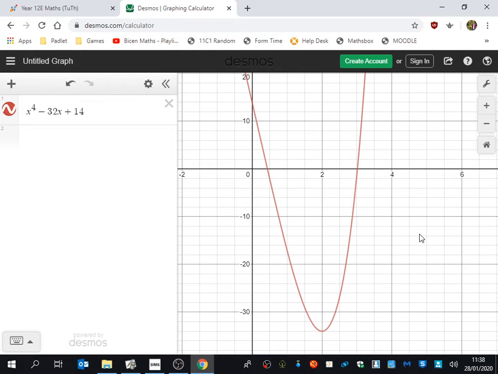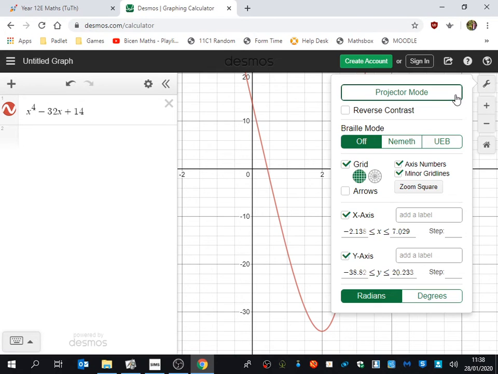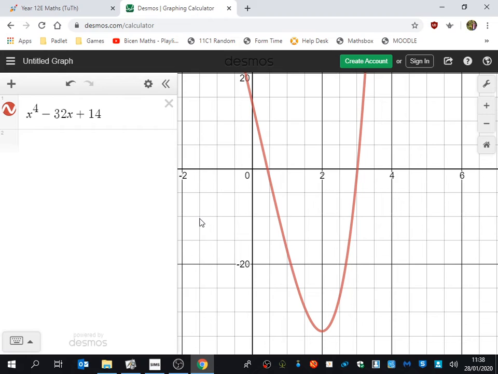Okay, so this is the graph. The graph that I've drawn, ignore these, they should say t, okay? The graph that I have drawn here is the displacement graph. So to begin with, the particle is here and it's travelling backwards and it goes all the way to the bottom and it travels forwards again.